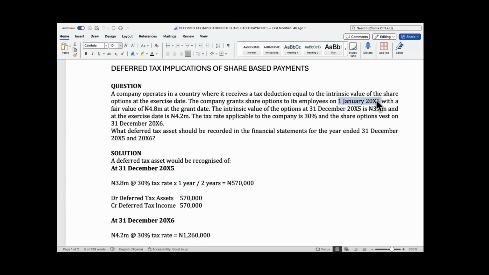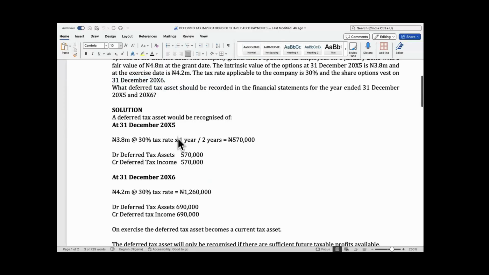The grant date is 2005. The vesting date is 2006. That's 2 years. So that's why this provision is coming here to get 570. And it's this 570 you recognize as deferred tax asset and deferred tax income to P&L, based on this intrinsic value. This intrinsic value is like a temporary difference.